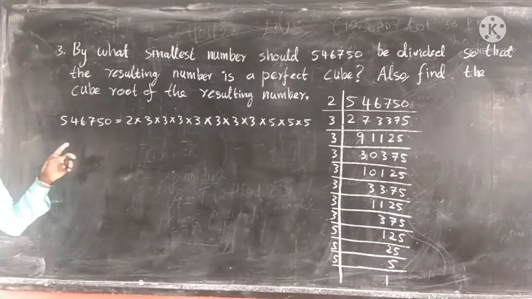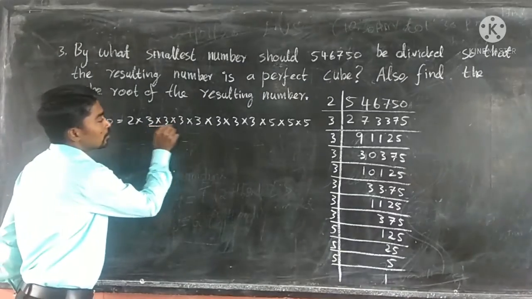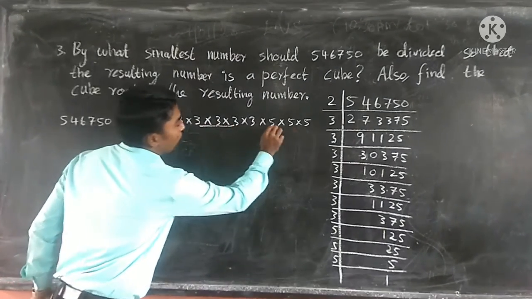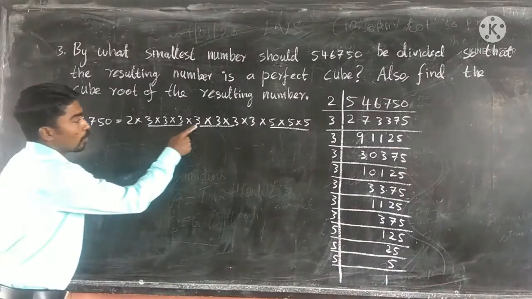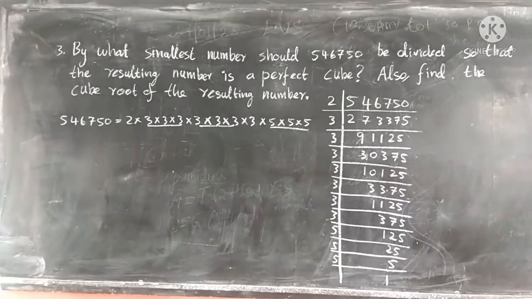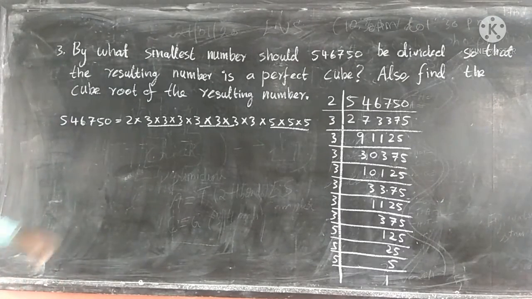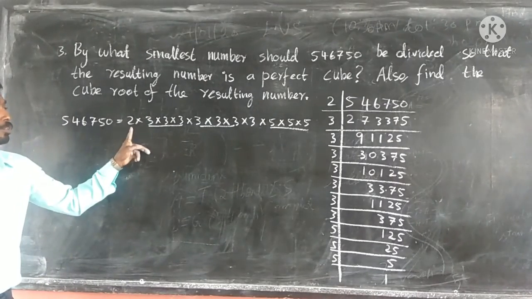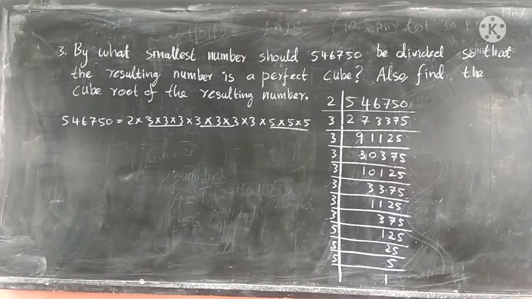If you observe these factors of 5,46,750, 3 and 5 appear in a group of 3, but factors 2 and 3 do not appear in a group of 3. In order to make it a group of 3, what we have to do? We have to divide by 2 and 3 to make it a perfect cube.